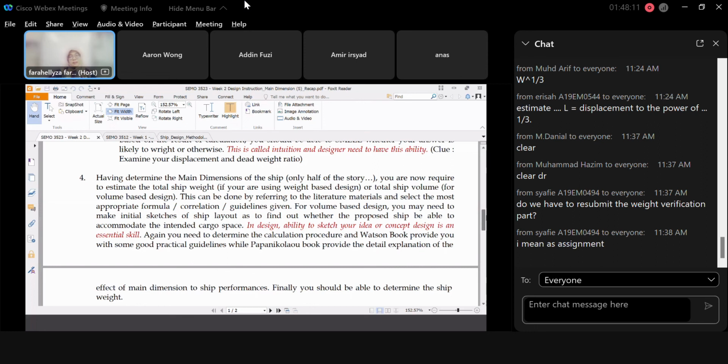So please get your respective group design report, go through that design report, and I'll give you the extra assignment that you have to do. You have to submit. Okay, so I hope the recap of the main dimensions and your group design report can help you to understand better how we do the main dimension.